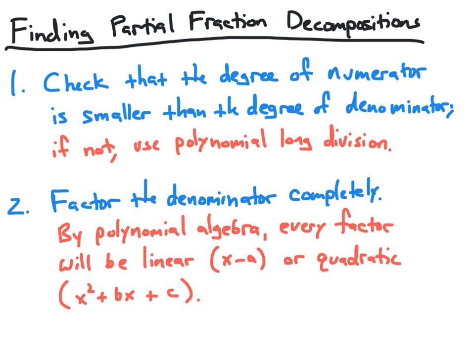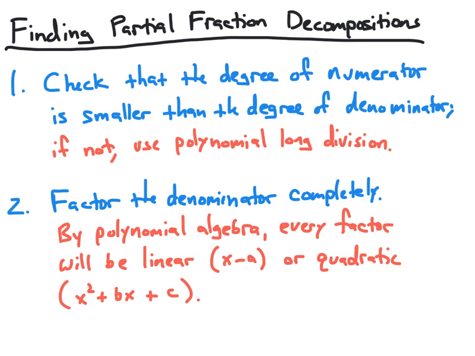Once we ensure that the degree of the numerator is smaller than the degree of the denominator, we're going to factor the denominator completely. Now, by a fact of polynomial algebra that you've seen before, every factor of our polynomial in the denominator will either be a linear factor, which means we can write it in the form x - a for some real number a, or it could be a quadratic factor, which means we can write it in the form x² + bx + c.